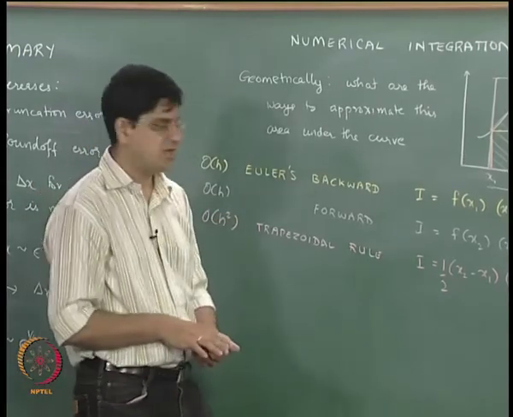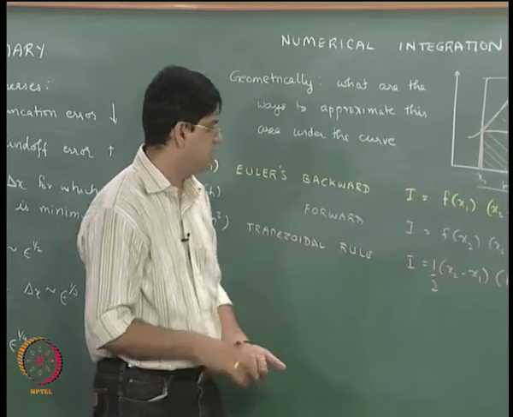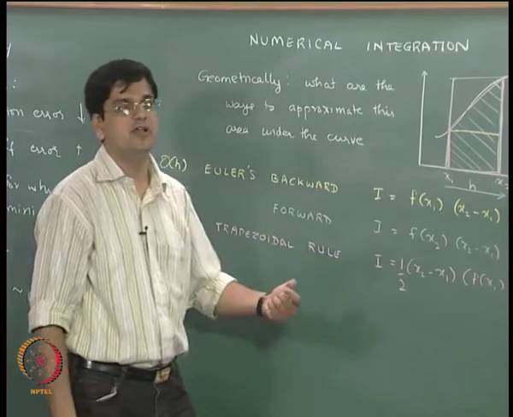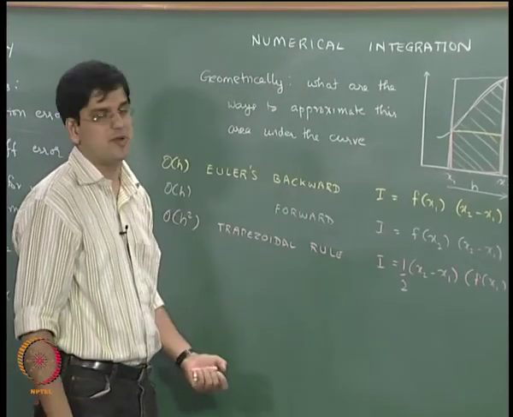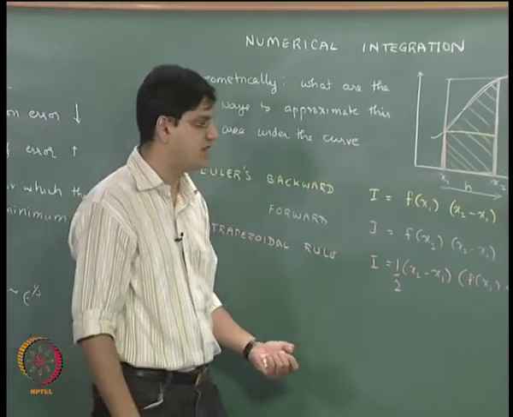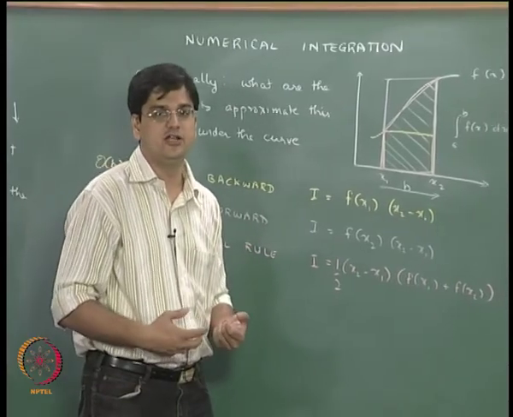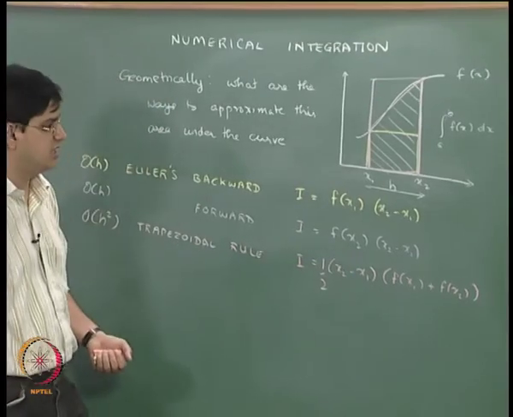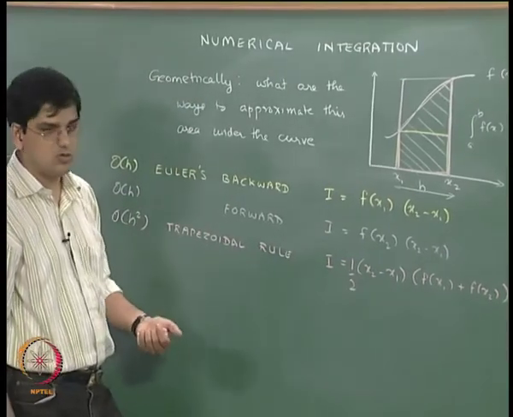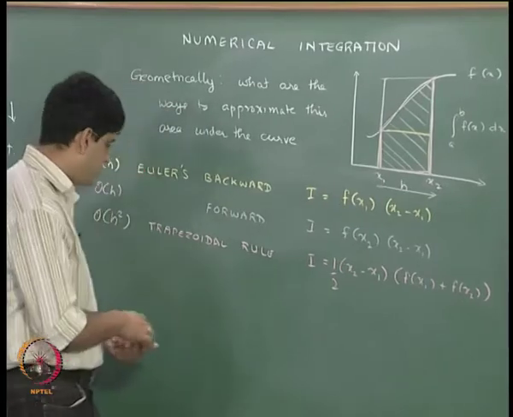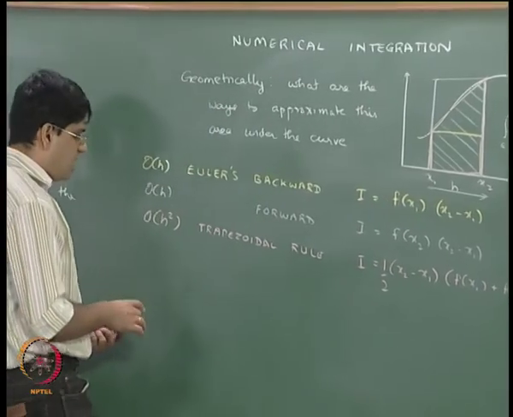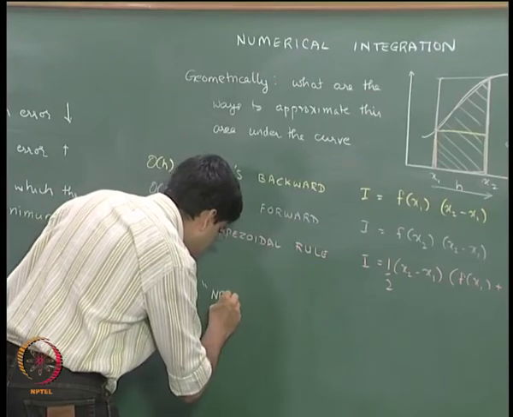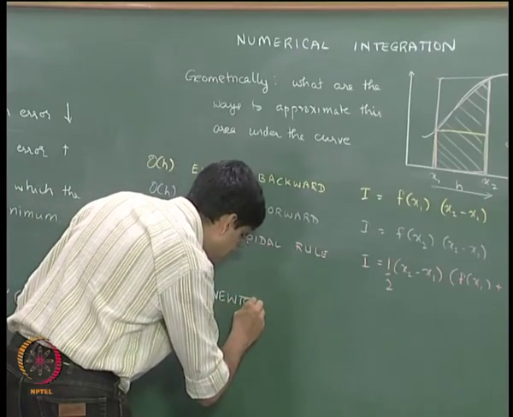Okay, so what we are actually going to do in the next lecture onwards is derive this trapezoidal rule. So this is using the geometric method that we have derived the trapezoidal rule. We will derive the trapezoidal rule once again using three different methods in the next lecture, and then we will go on to higher order formulae. These particular formulae are clubbed under the name Newton-Cotes integration formulae.